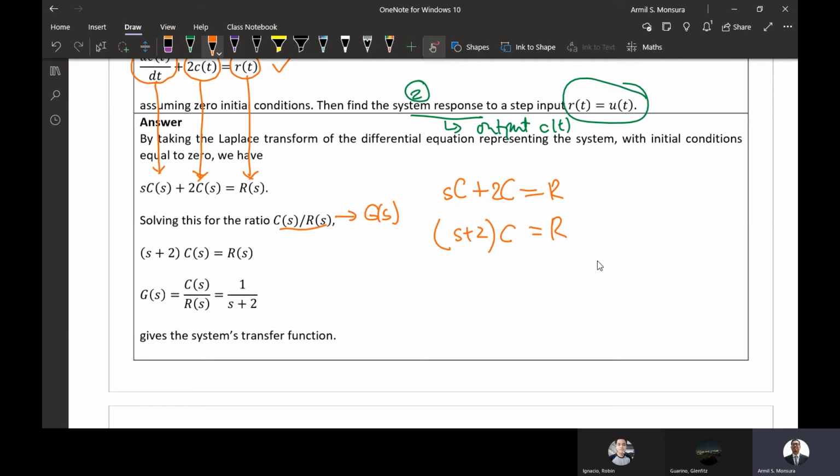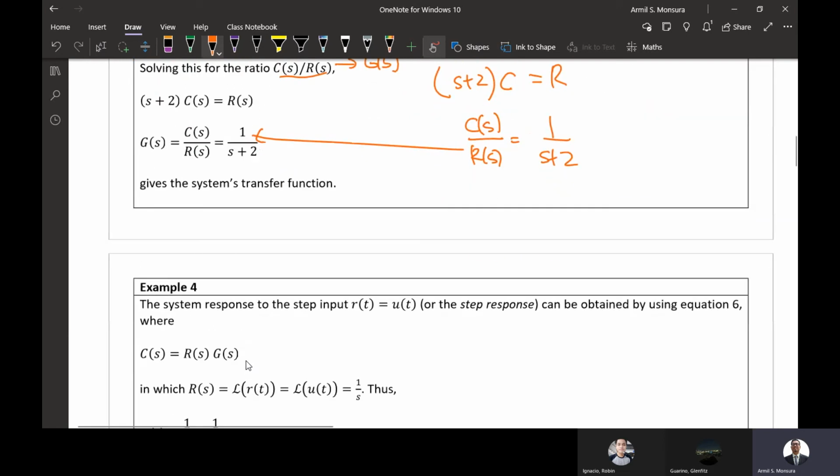And then, second, dividing everything with R para ito mapunta sa denominator nito. So, we'll now have C of S over R of S equals 1 over S plus 2. So, ito yun. Okay? So, that is your system's transfer function.